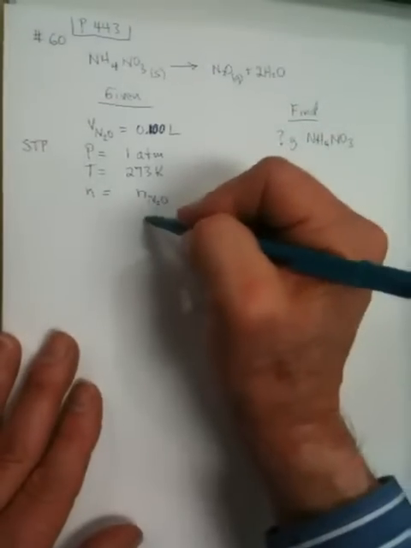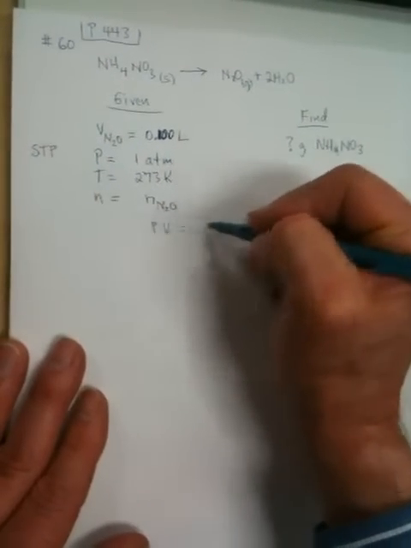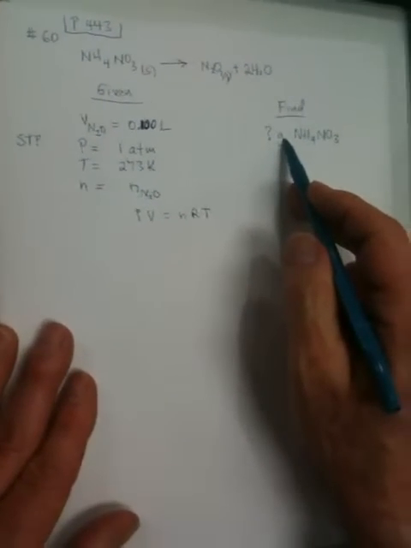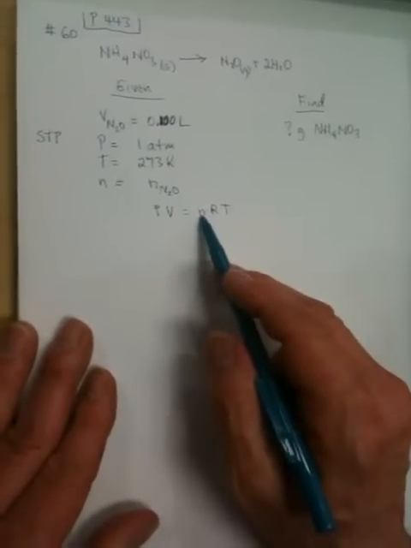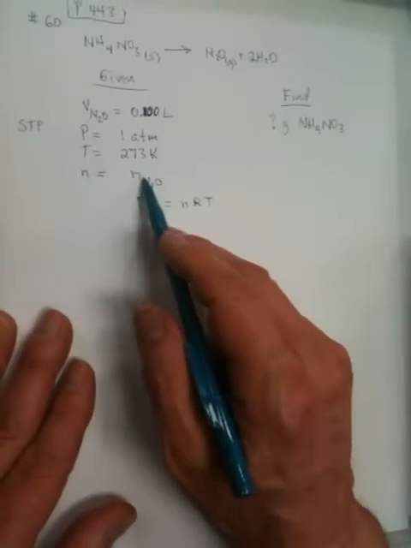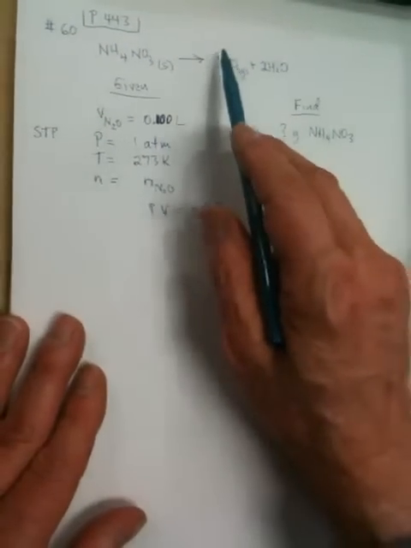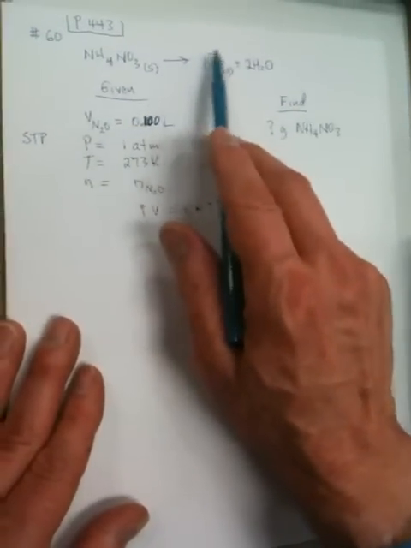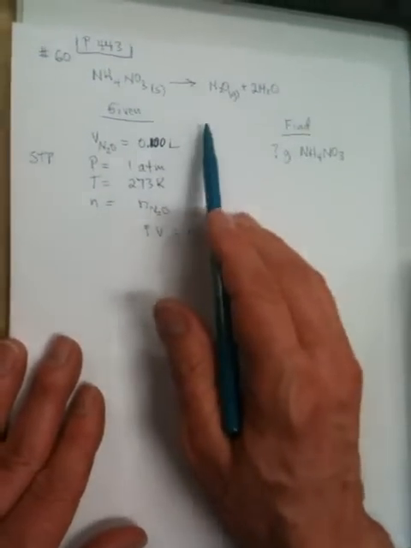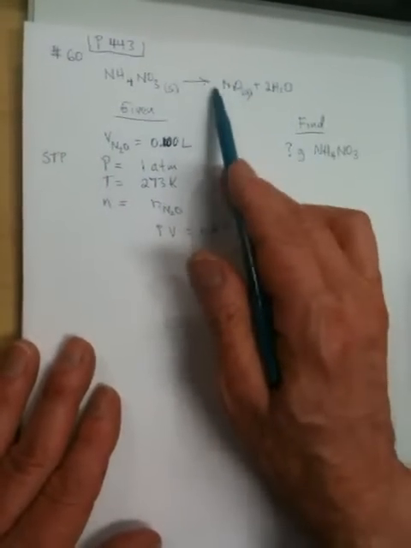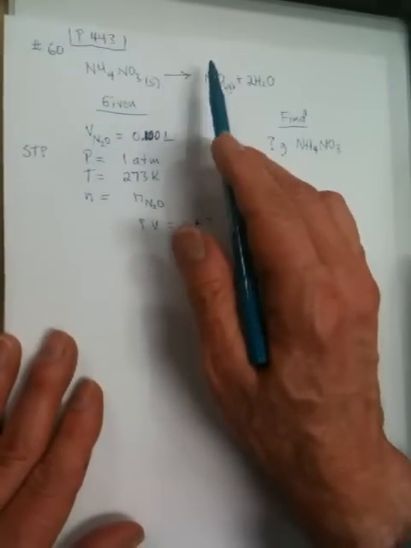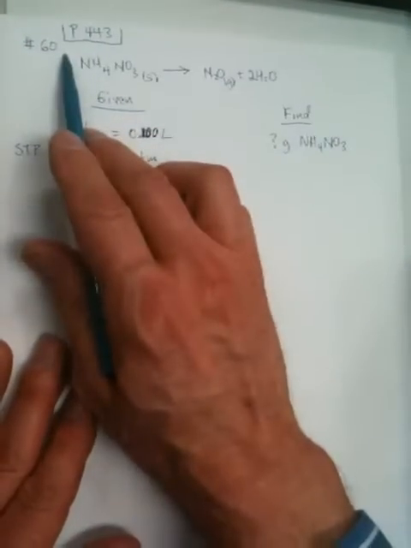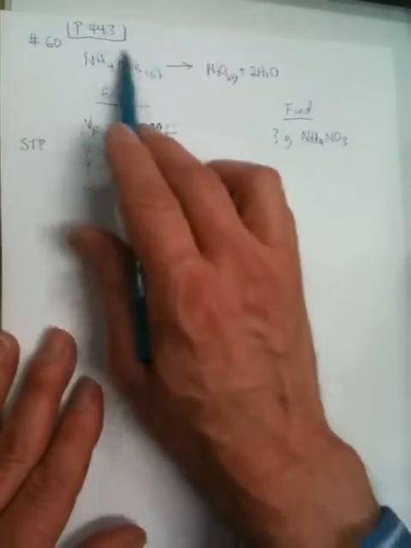So PV = nRT is going to do the job, but the number that we get when we run PV = nRT is not going to be the grams that we're looking for. It's going to be the moles. The way we're going to use our stoichiometry, which is using these coefficients and their relationships to each other, we can't do that until we find the number of moles of this gas, because we can't do liters on a substance that is a solid.